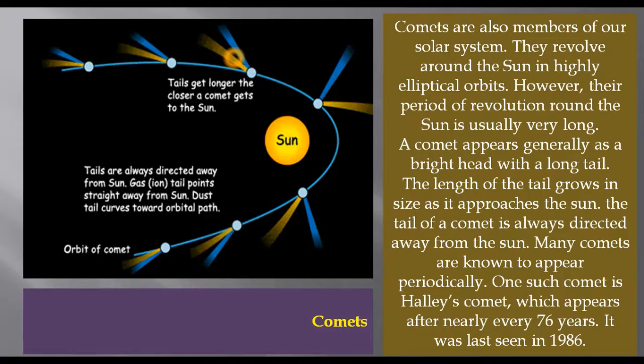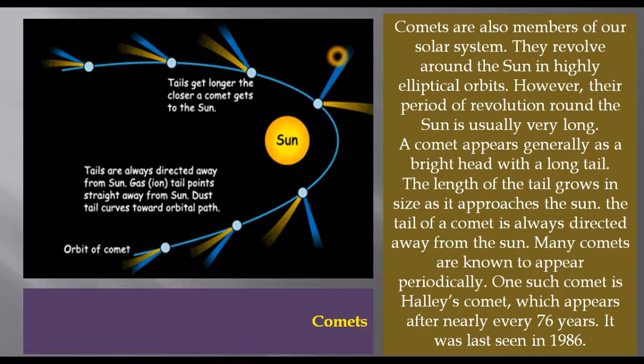And the head of this comet, you can see here, is small and appears as a bright ball of light, but yes, its tail is very, very long. And so we can say that a comet is actually a collection of gas and dust which appears as a bright ball of light in the sky with a long glowing tail when it comes close to the sun.